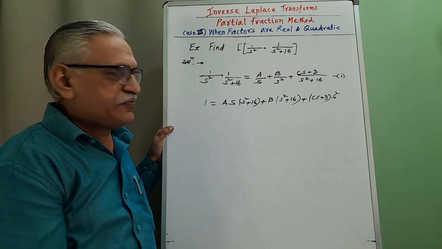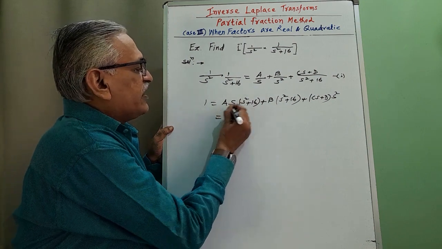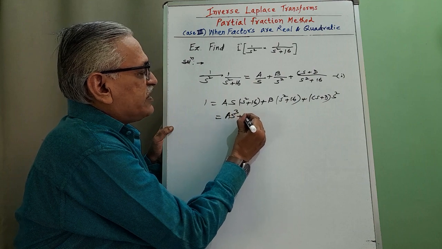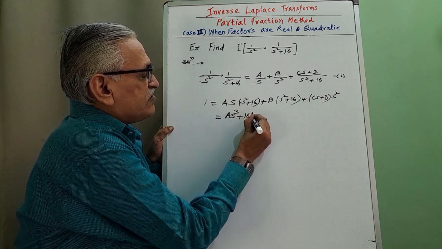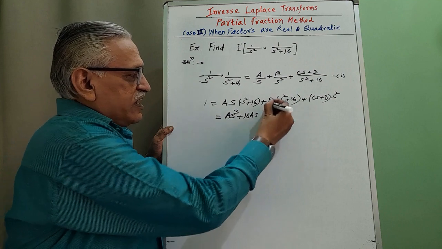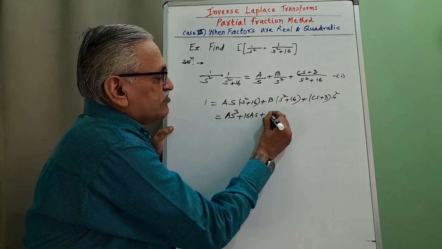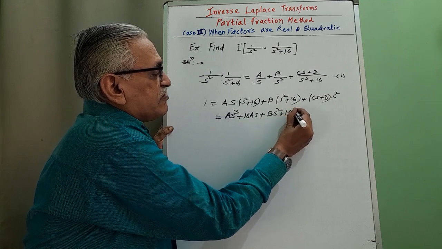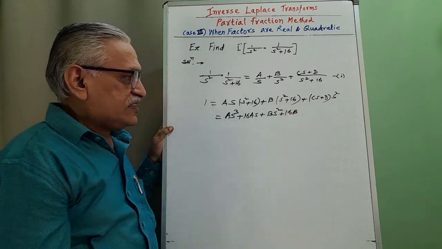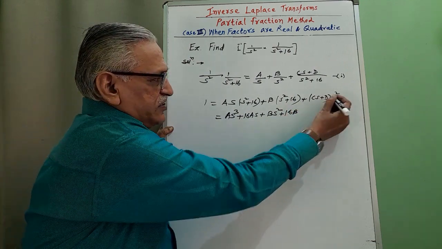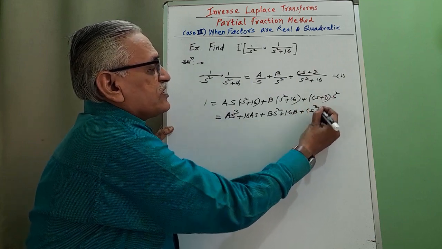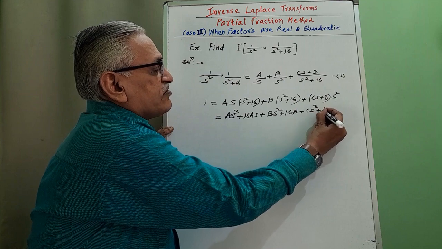Then simplifying it, we get As cube plus 16As, then Bs square plus 16B, Cs cube and Ds square.